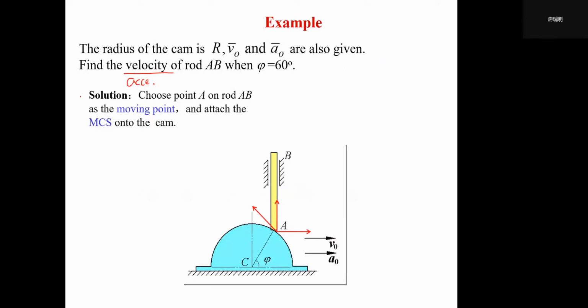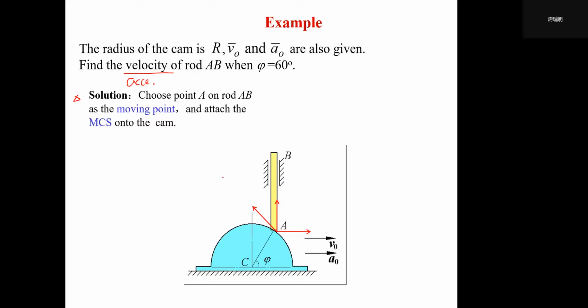So we can reconsider this example again. The first step in our solution is to choose the moving point, MP. I have mentioned it before: for this cam and follower mechanism, you should know that we always select a point on the follower. So in this example, we choose point A on rod AB as the moving point, and we attach the moving coordinate system onto the cam.